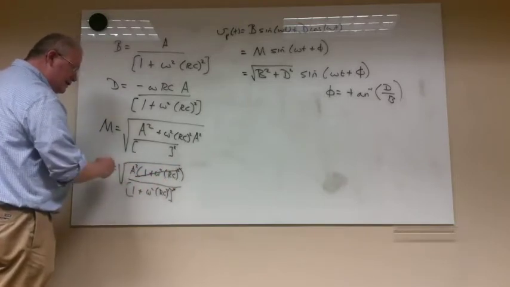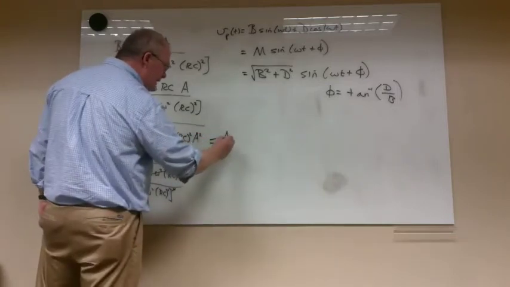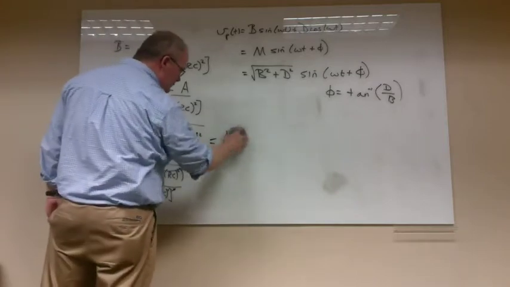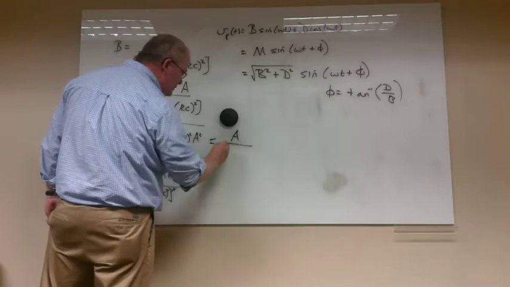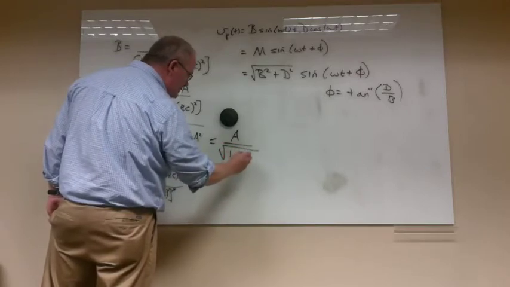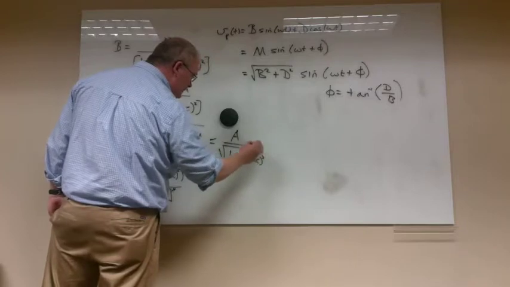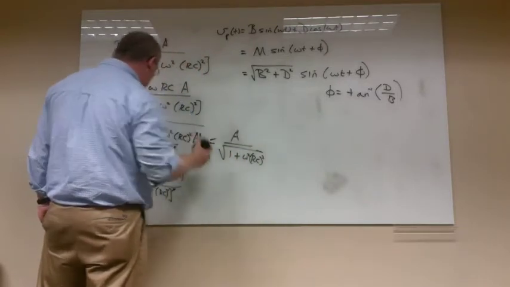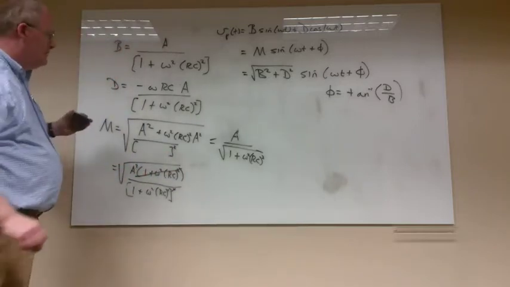The a squared is going to go to the outside, and so the solution for the magnitude is actually equal to a divided by the square root of 1 plus omega squared rc quantity squared. Okay, now, what's interesting about that to me is we can rewrite our response.